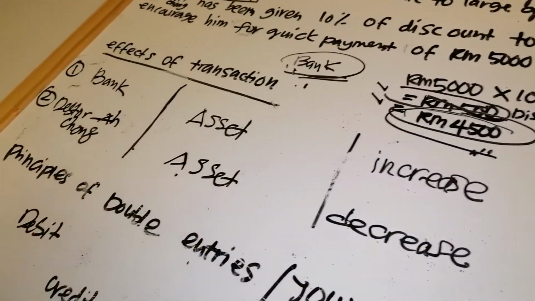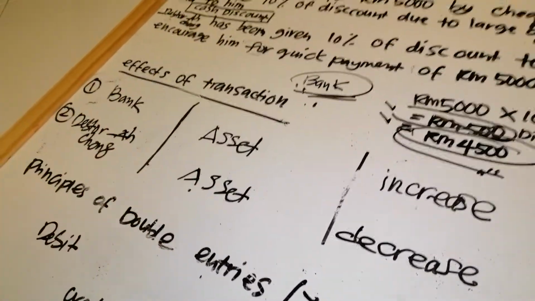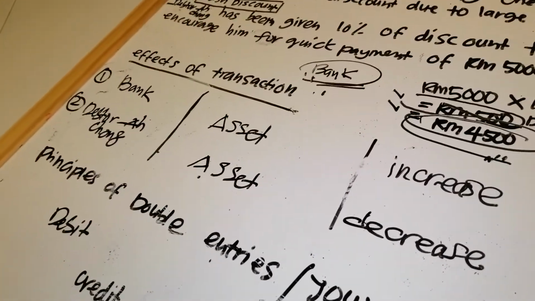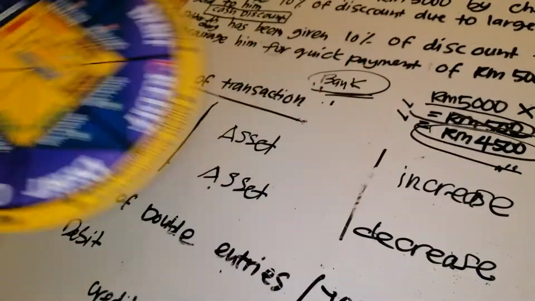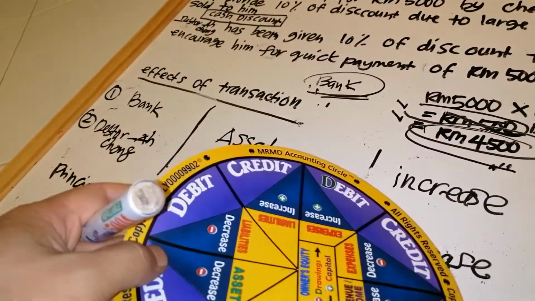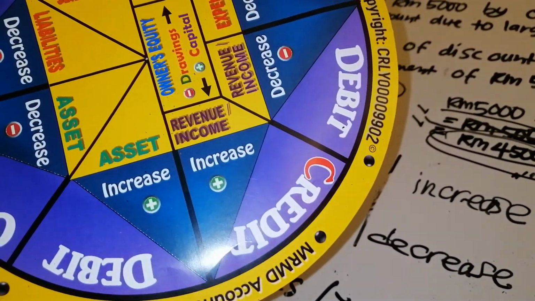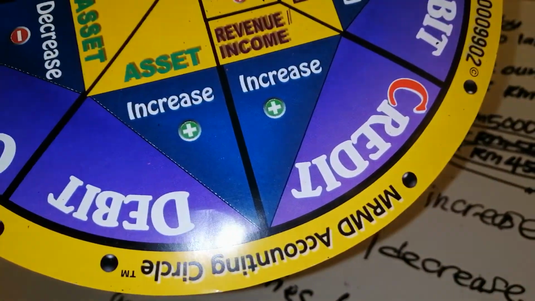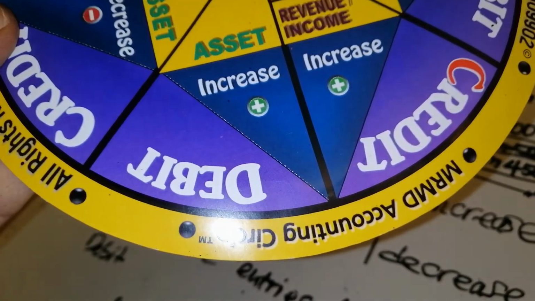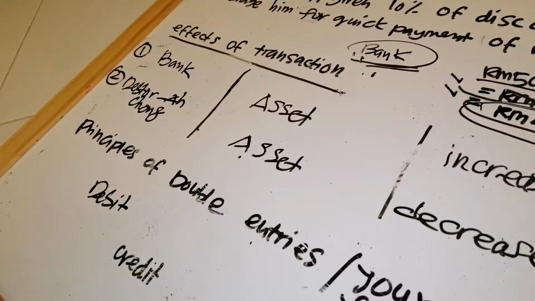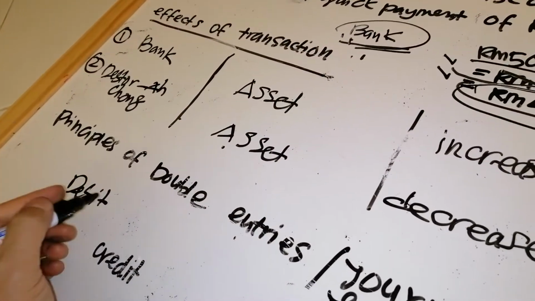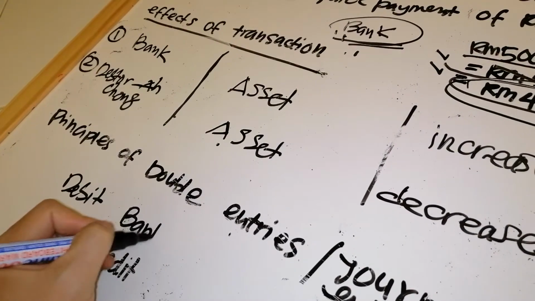Okay? So now when you have the effects, refer to your circle. Bank asset increase. When asset increases, record under debit. Can you see? Asset increase, debit. So not debit asset, debit bank.